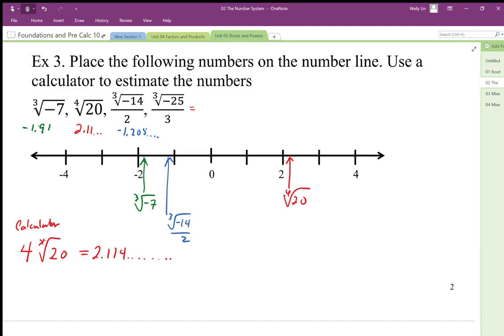I'm going to use purple. So it's going to be approximately equal to negative 0.9746. So I'm going to put that right about there. So that's going to be cube root of negative 25 divided by 3.